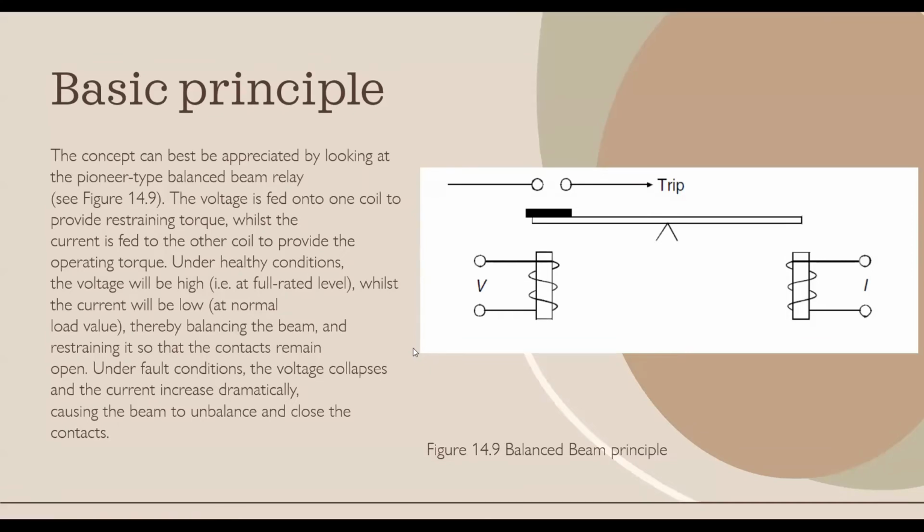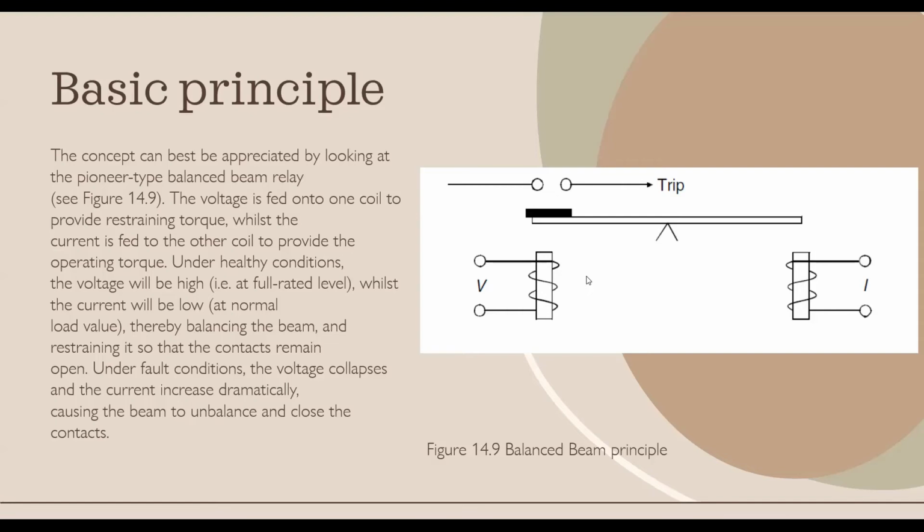Now, this concept can be best appreciated by looking at a pioneer type balanced beam relay shown in this figure. The voltage is fed onto one coil to provide restraining torque, while the current is fed to the other coil to provide operating torque. Under healthy conditions, the voltage will be high, while the current will be low at normal load value, thereby balancing the beam and restraining it so that the contacts remain open.